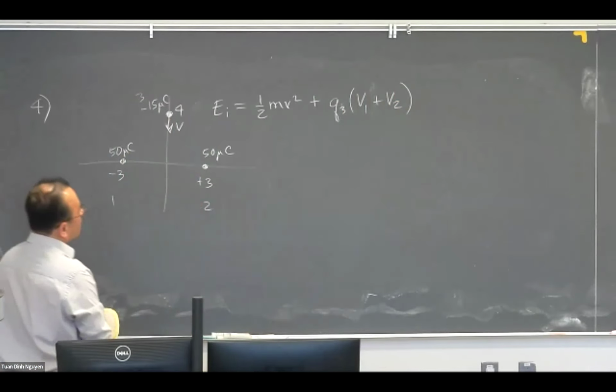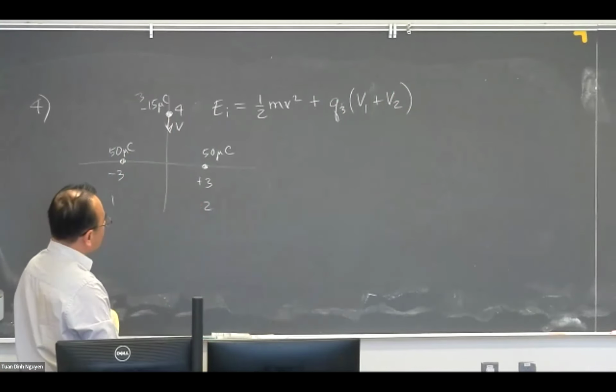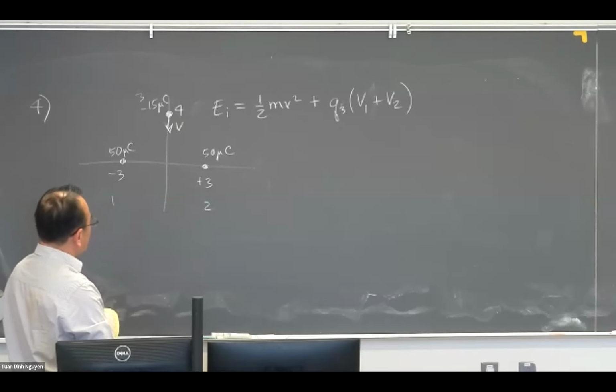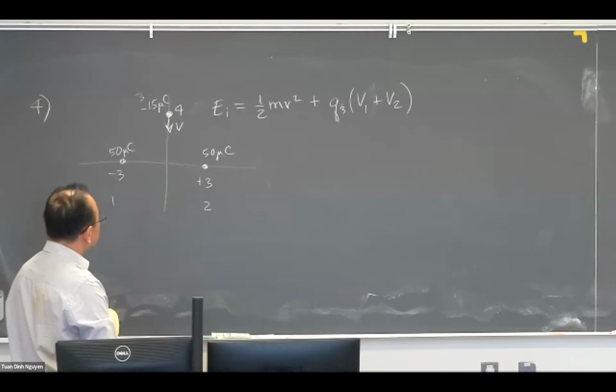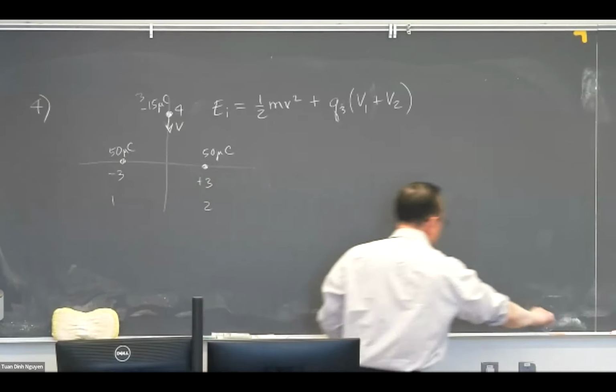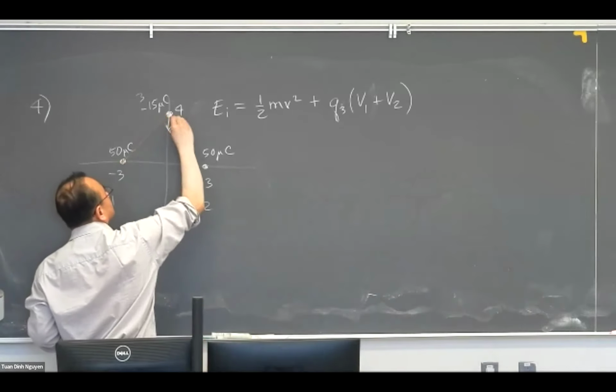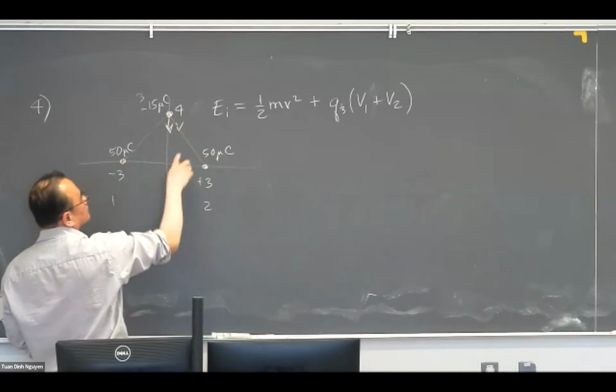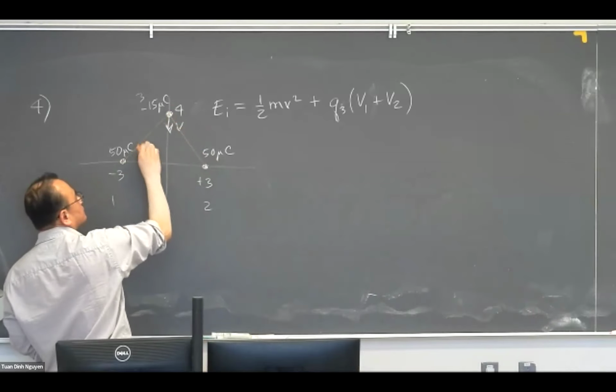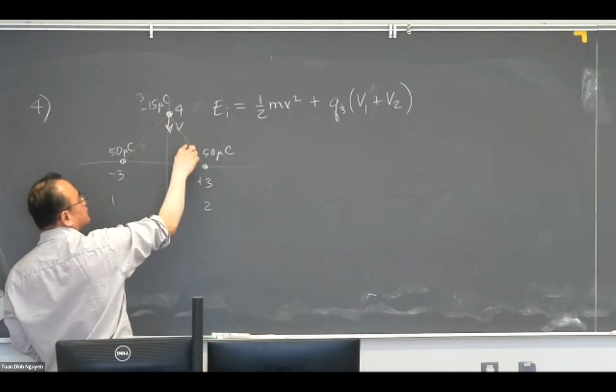When you're looking for your potential energy, would you count the 3 meters as well? Like would you have to take it from the hypotenuse? Yeah, it's always the distance between them. So V1 is finding this distance, and V2 this distance.